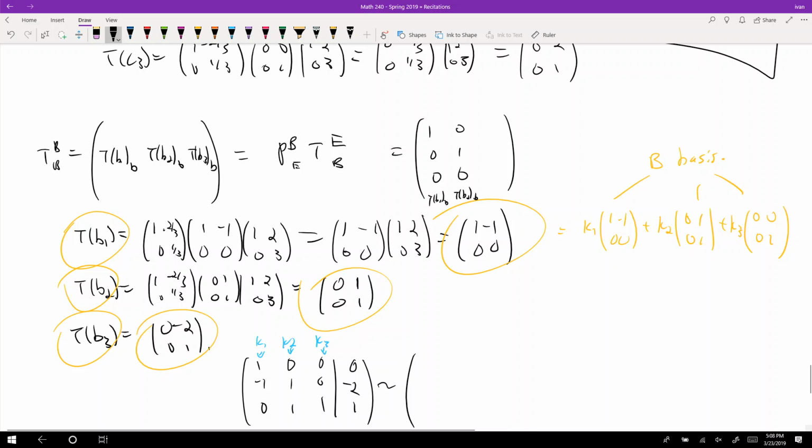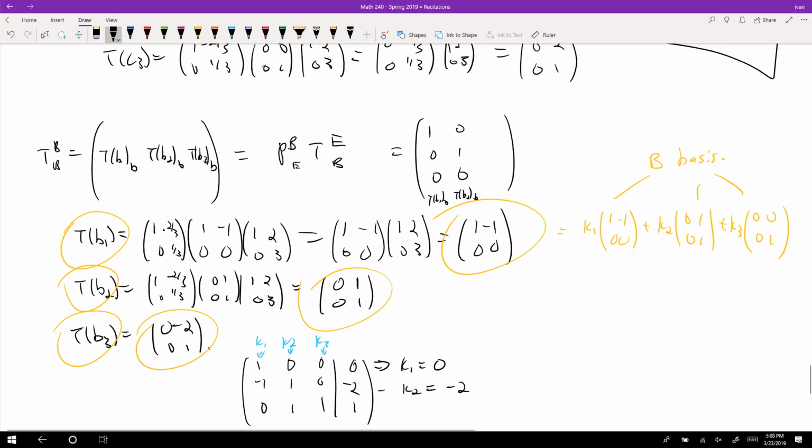And so this shows that K1 is equal to 0, because I got 1, 0, 0. So K1 is equal to 0 from row 1. And from row 2, I see that K2 is equal to negative 2, just straight up, that's what it says.